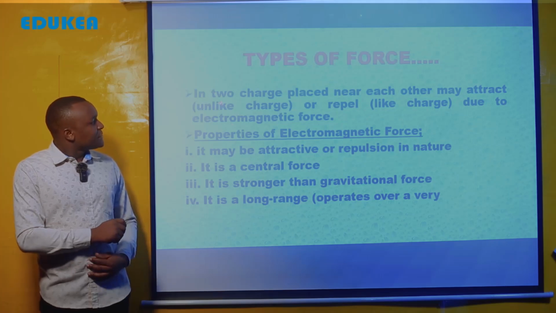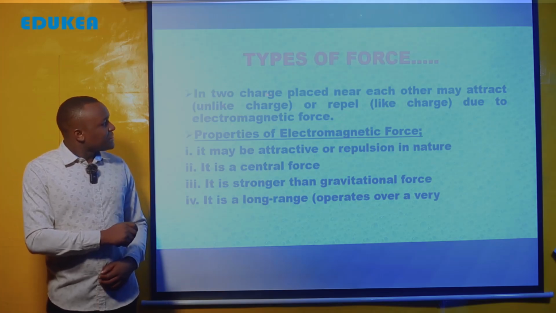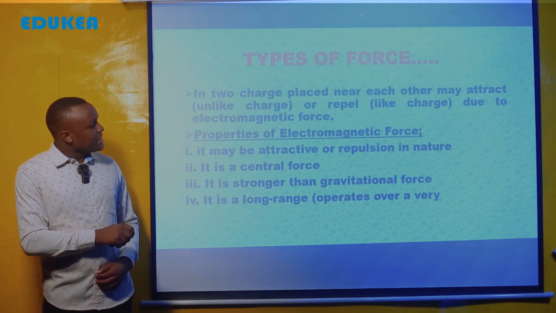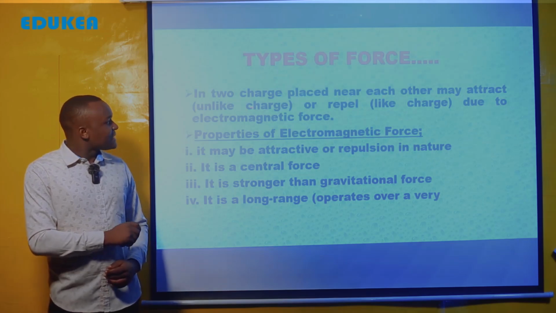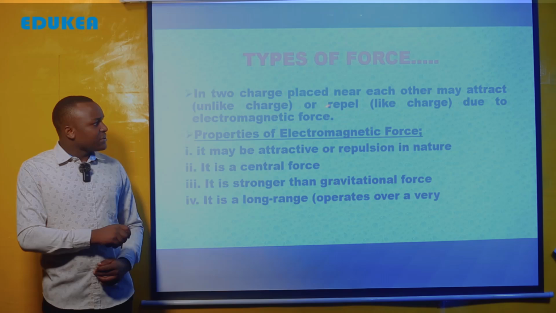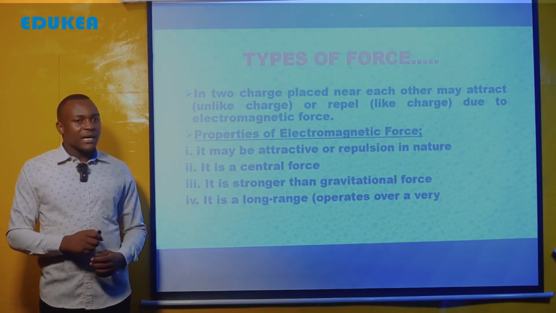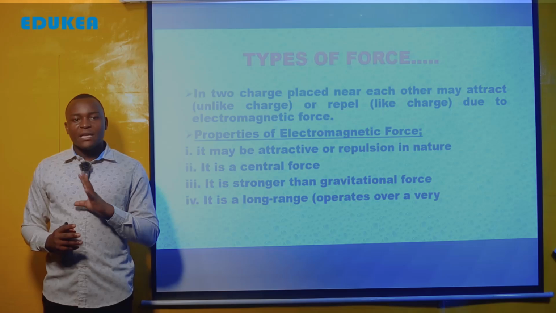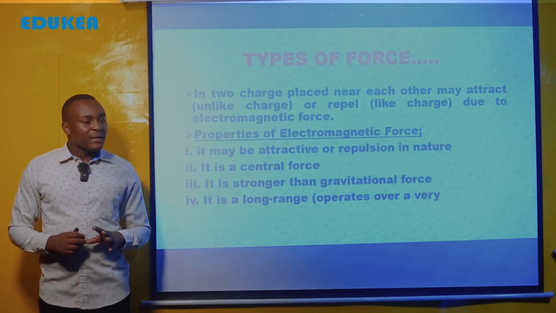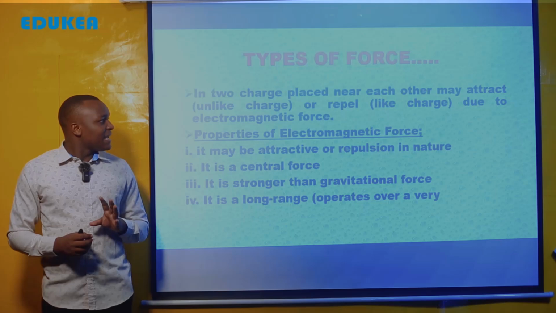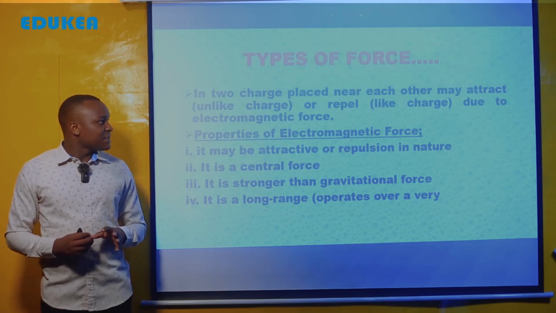Another example: two charges placed near each other may attract if they are unlike charges, but repel if they are like charges. We know the law of charge: when we have like charges, they will repel, but when we have unlike charges, they will attract each other.